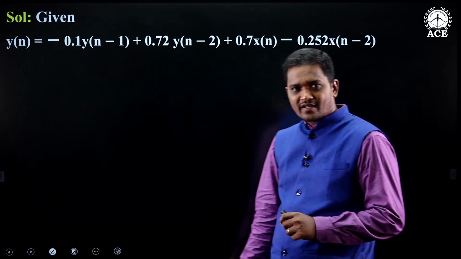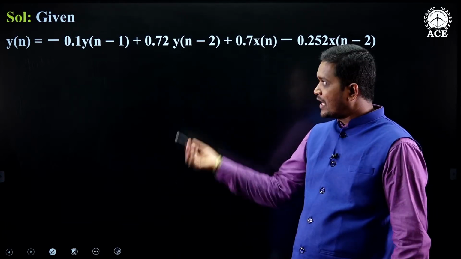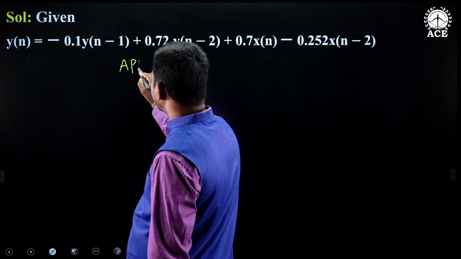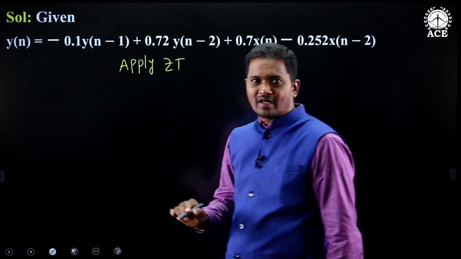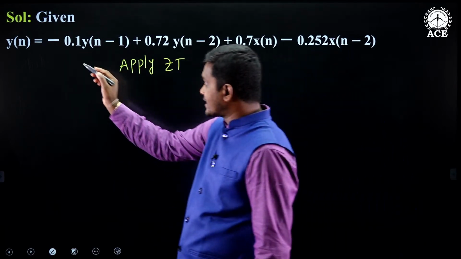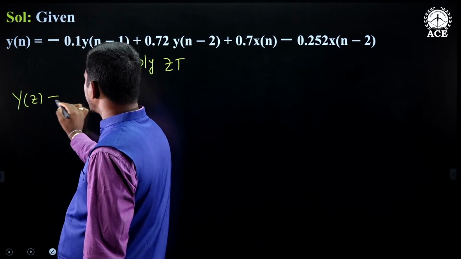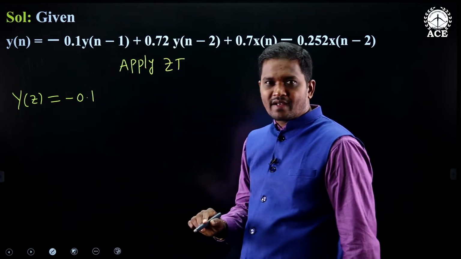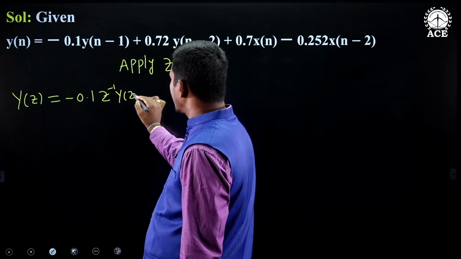What is the transfer function definition? H of z equals Y of z by X of z. How to get the transfer function? Very simple. Apply z transform. If you apply z transform, what will you get? What is the z transform of y of n? Y of z equals minus 0.1, and what is the z transform of y of n minus 1? z inverse Y of z.